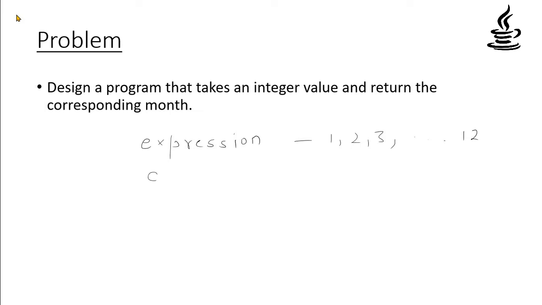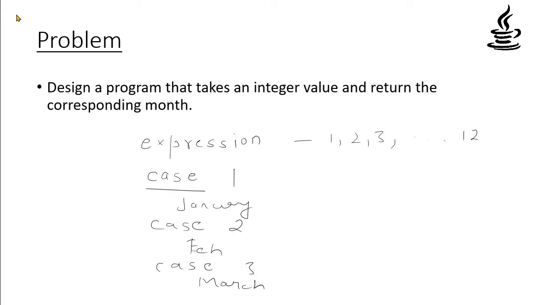And the different cases are that if the value of expression, that is case, is 1, then our program will give January as an output. Similarly, for case 2, our program will give Feb, and for case 3, our program will give March as an output.